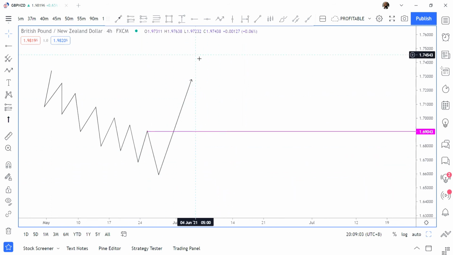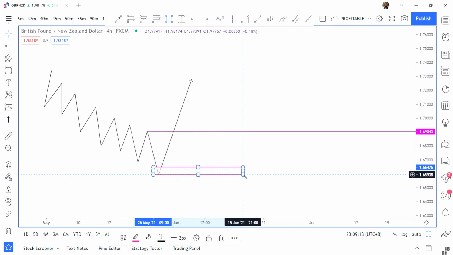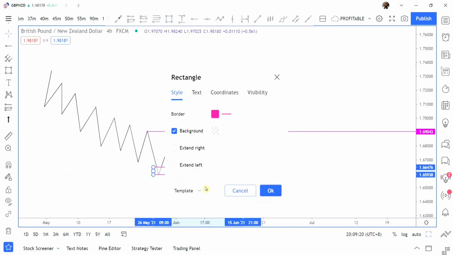And if we see price doing this price action with big candles, rapid action breaking structure, we know that we have created right here a demand zone.